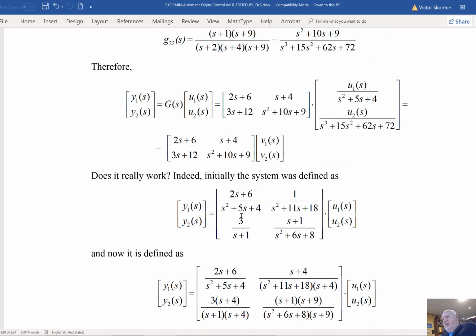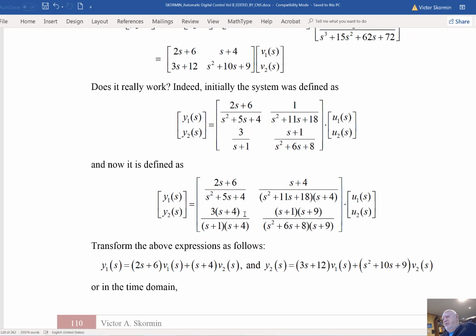This is the original transfer matrix description of our system. This is exactly what you saw in the beginning. Then what I did is this: for these two elements of the first column, I came up with a common denominator.